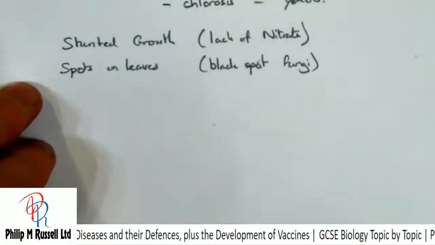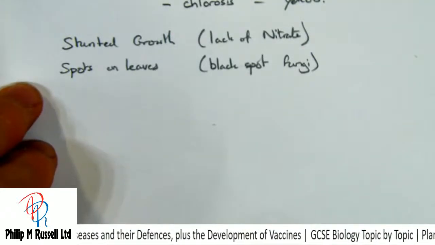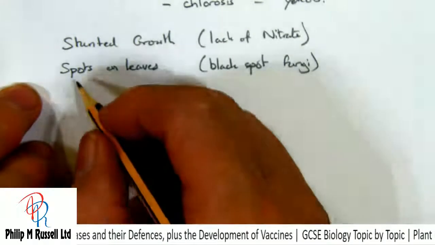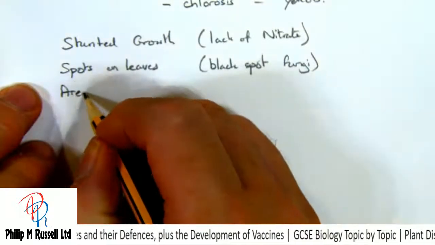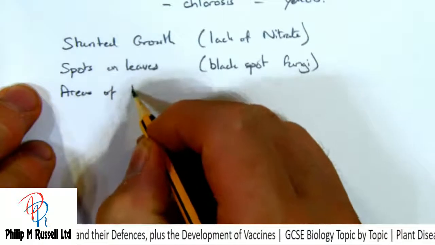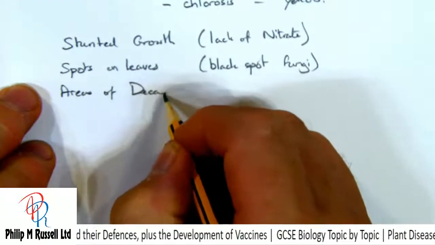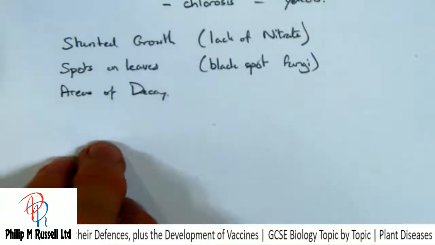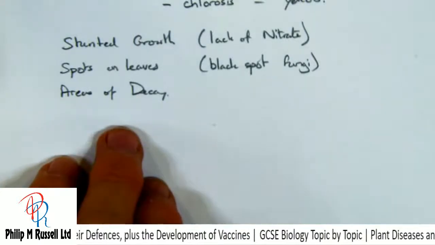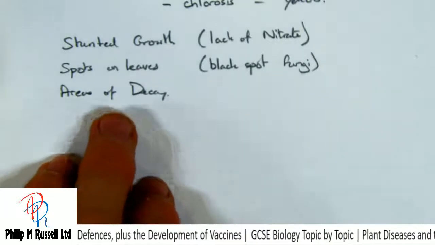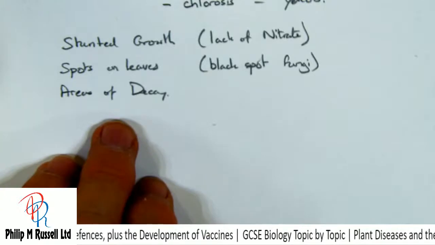We might have things like areas of decay. Just a bit of a plant that's sort of rotting away. Potato blight is one of those. I suppose even the black spot does that on roses.